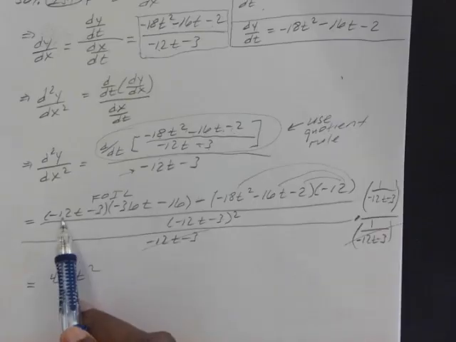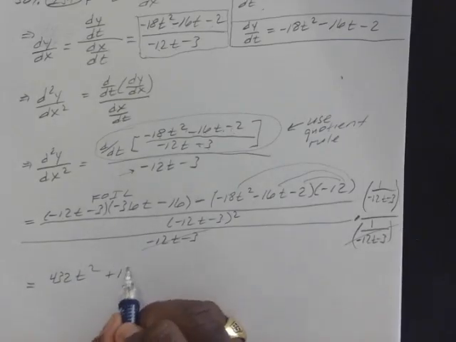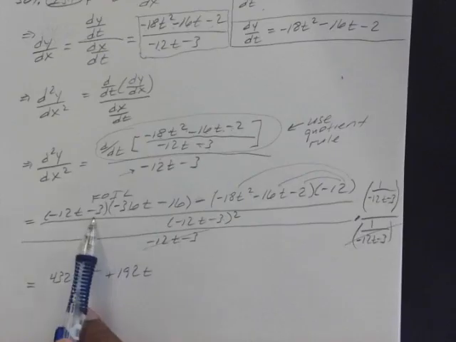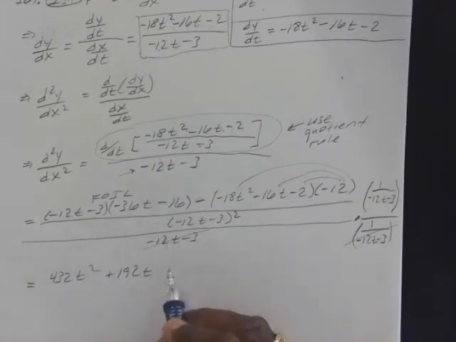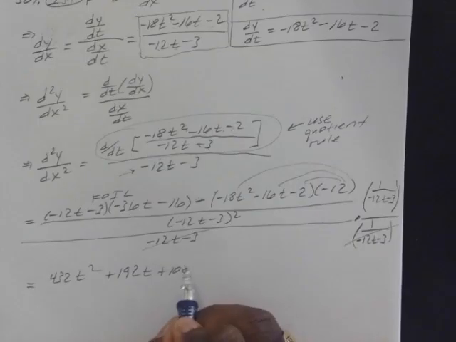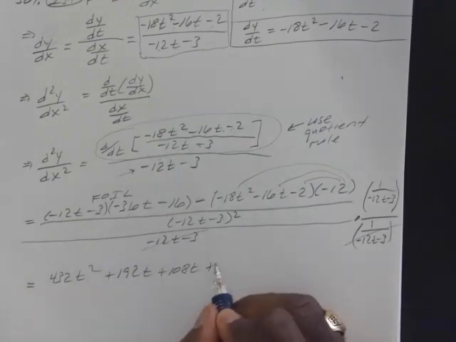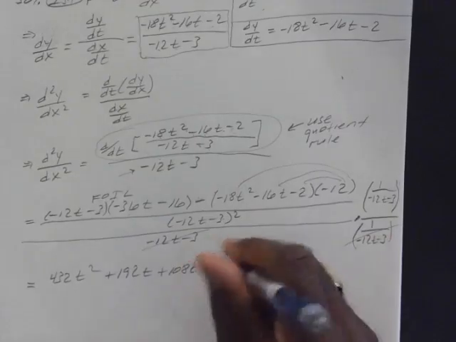Our outer is negative 12t times negative 16, which is positive 192t. Our inner is negative 3 times negative 36t, which is positive 108t. And our last is negative 3 times negative 16, which is positive 48.